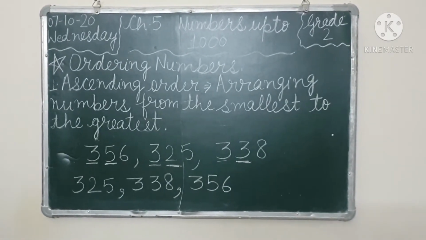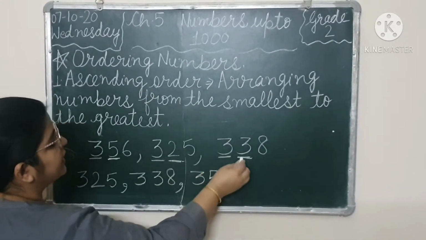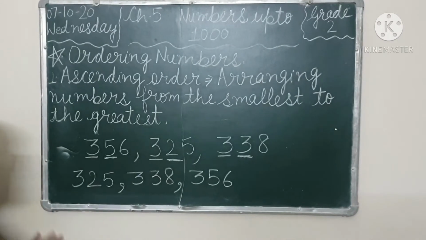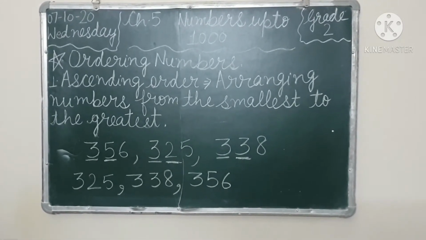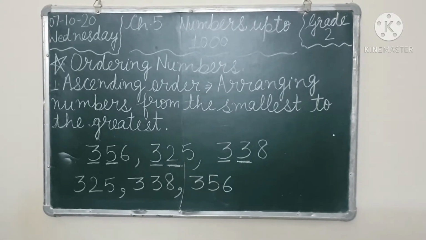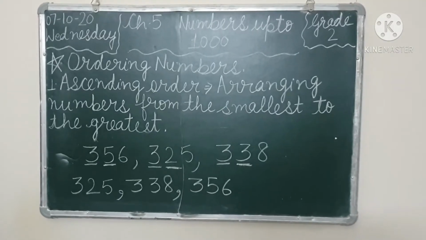If we have the same number in the 100 place value, we take the tens place value numbers. Clear? If we have the same number at the 100 place value, we look at the tens place value and change them into ascending order. Clear?